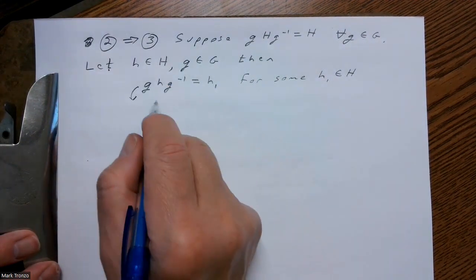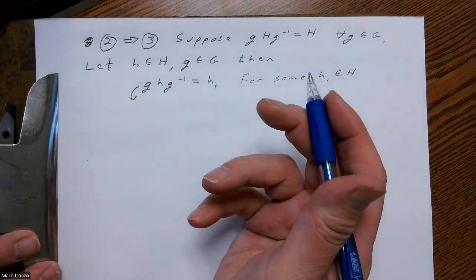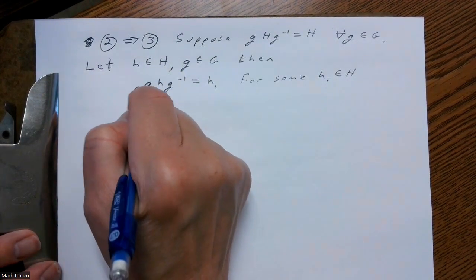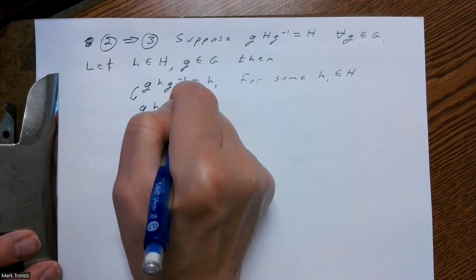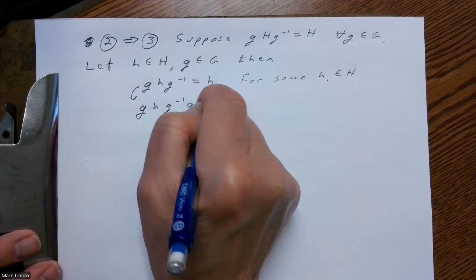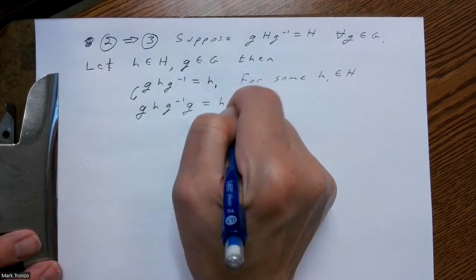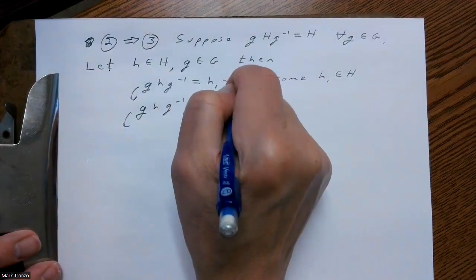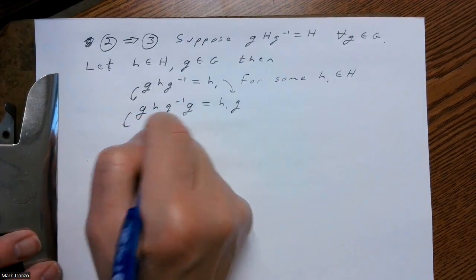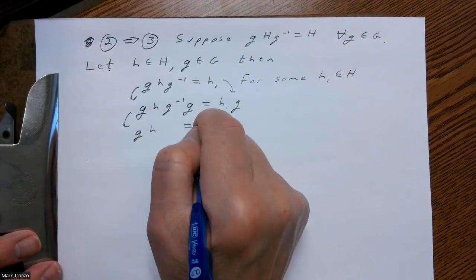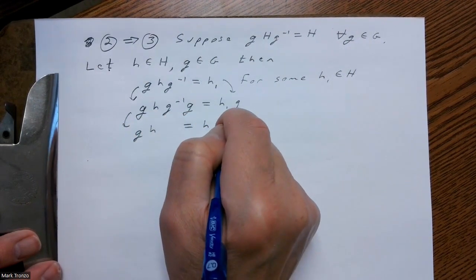Let me multiply on the right this time. Let me do g. So I multiplied on the right by g. Again, I'm working with both sides this time. And then this is going to be gh equals h1g.